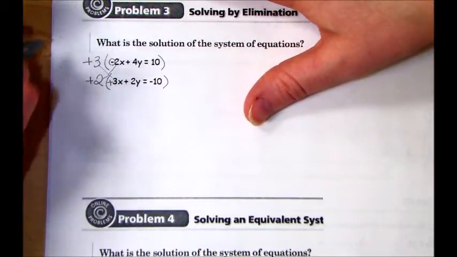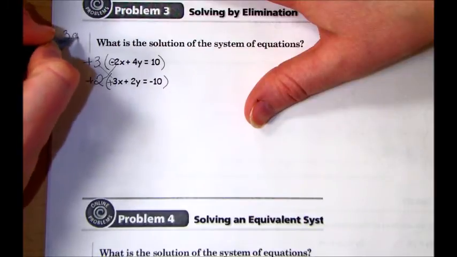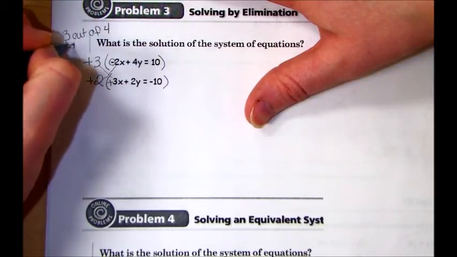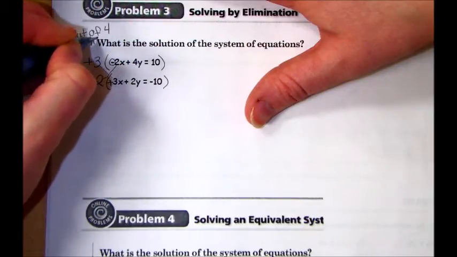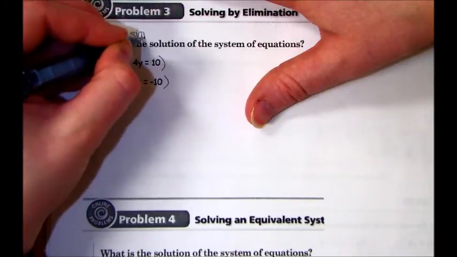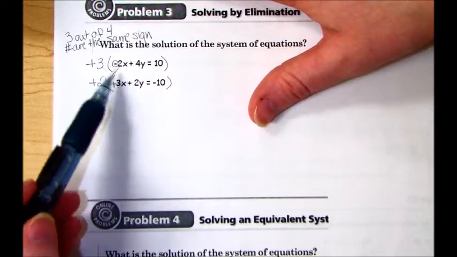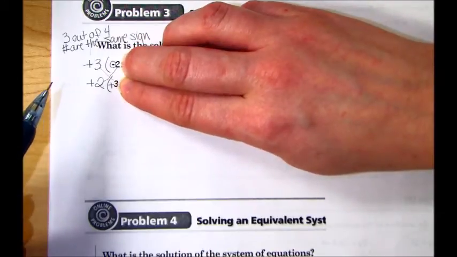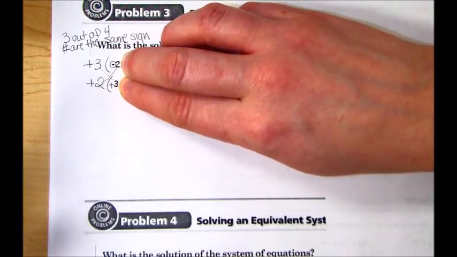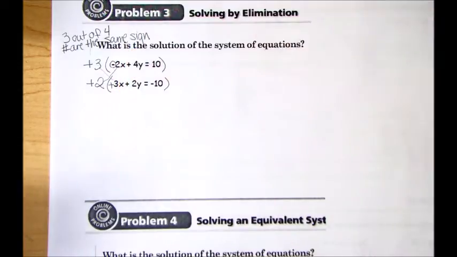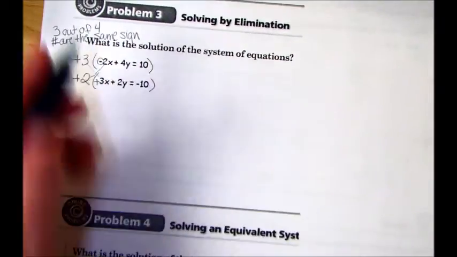So right here, you need to make sure 3 out of 4 numbers are the same sign. If you're going to take my method, these 3 out of 4 numbers, those ones right there I'm staring at, 3 have to be positive, 1 has to be negative, or 3 have to be negative and 1 has to be positive. Okay, distribute that in.